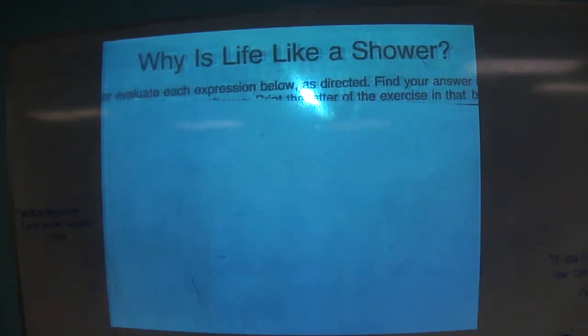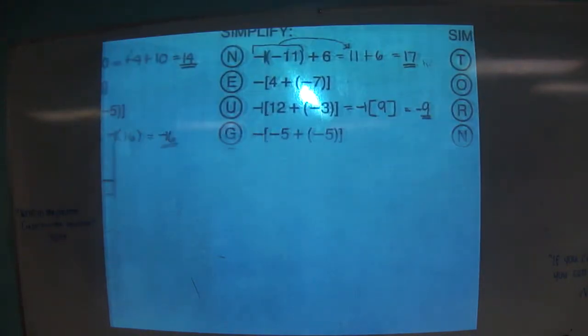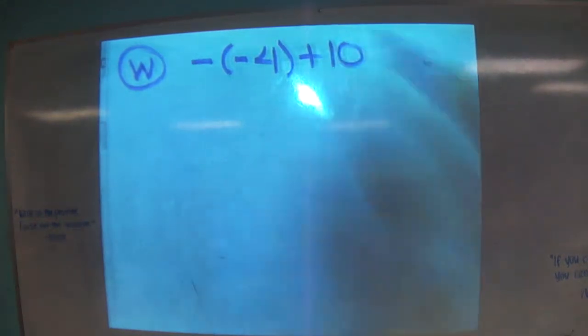In Why is Life Like a Shower, we're looking at negatives and absolute value. So let's look at a couple of these problems. The first one, W, is negative 4 plus 10.